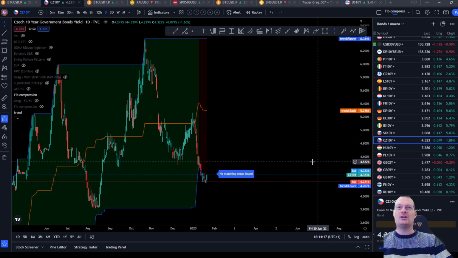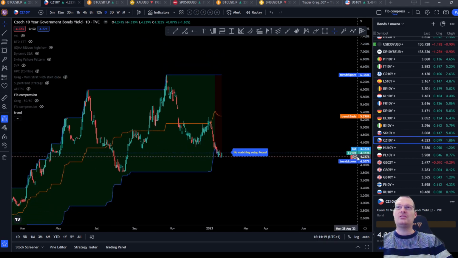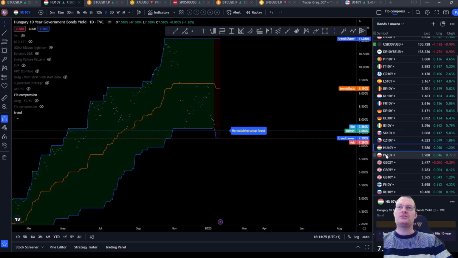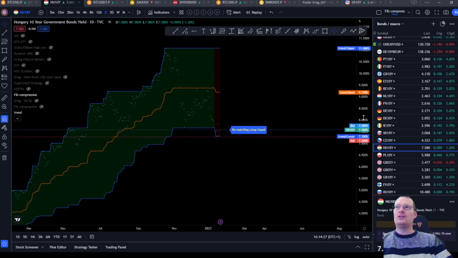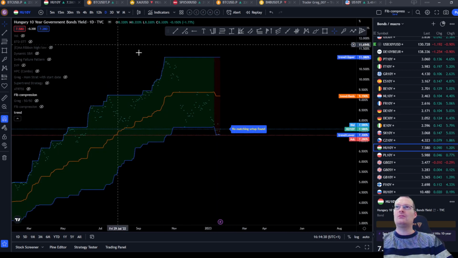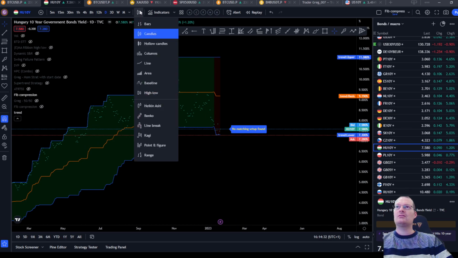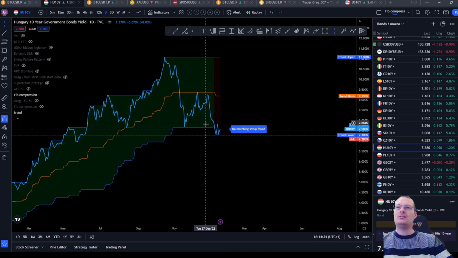Czech Republic is doing quite well also in Forex. And the Koruna is getting quite strong, so interesting. Look, and then here for Hungary, we do break to the downside. Let's take a line.